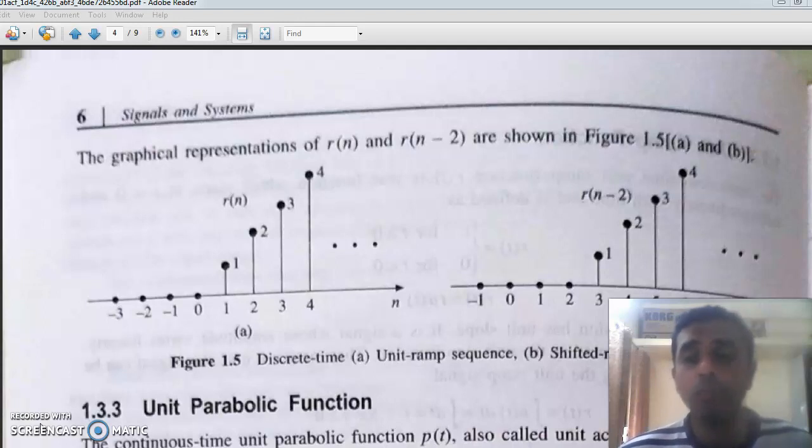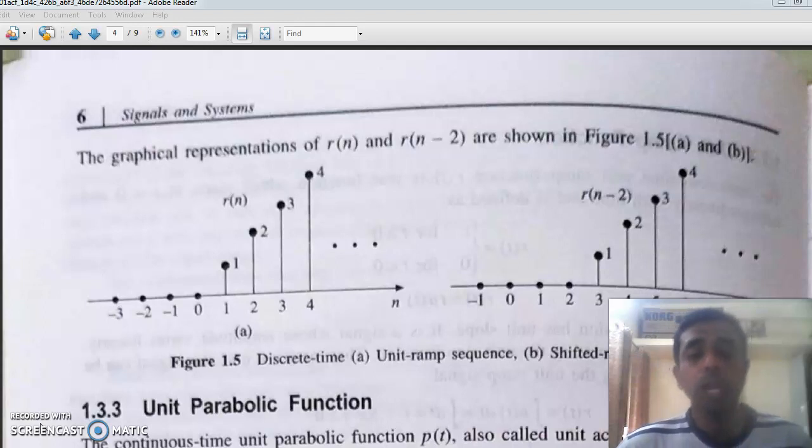For n less than 0, the value is 0. Likewise, we have u of n minus k, where the digital step is delayed by k samples. Each n value is called a sample, and n is an integer. There is nothing between 1 and 2, or between 2 and 3.